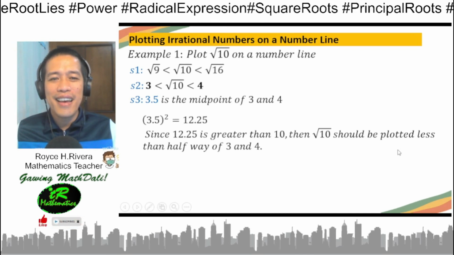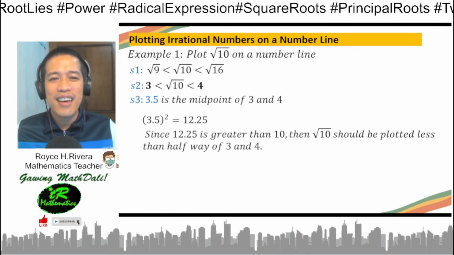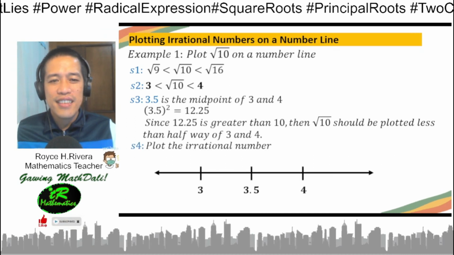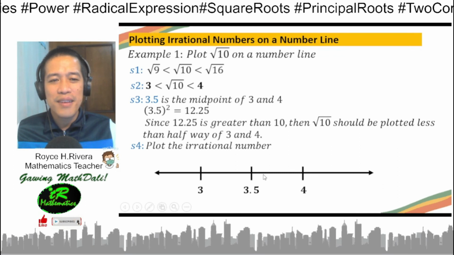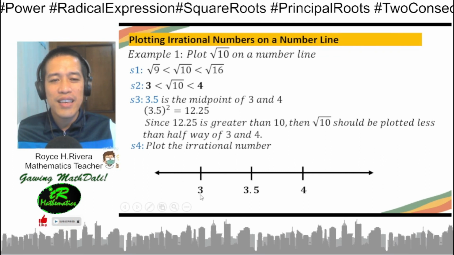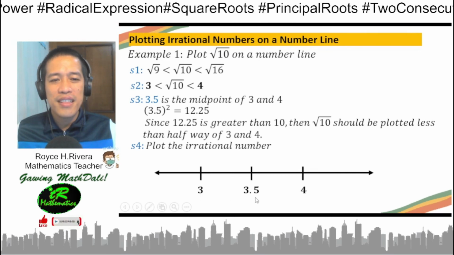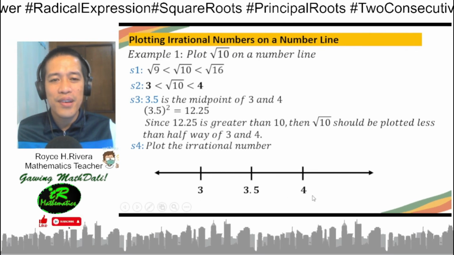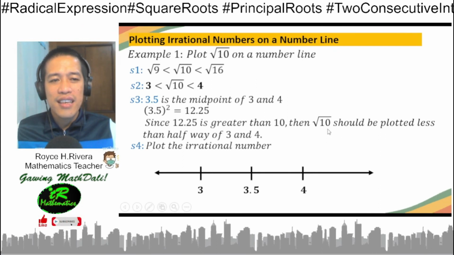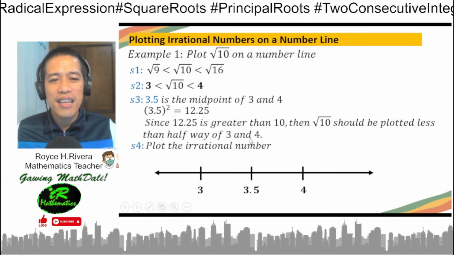So let us plot the square root of 10 on the number line. Here is a number line. Then here is the location of 3, the midpoint 3.5, and then 4. So we will plot the square root of 10 less than halfway of 3 and 4.